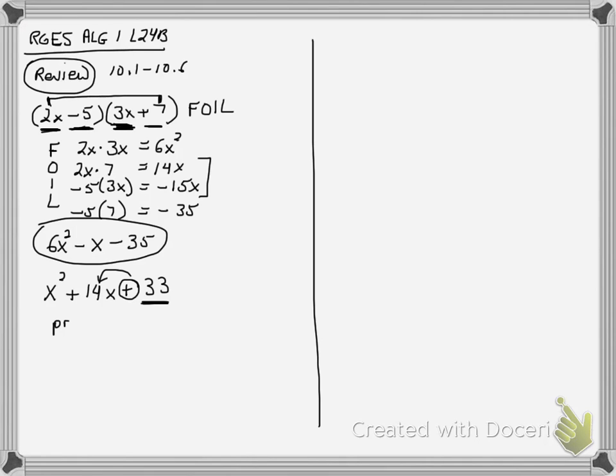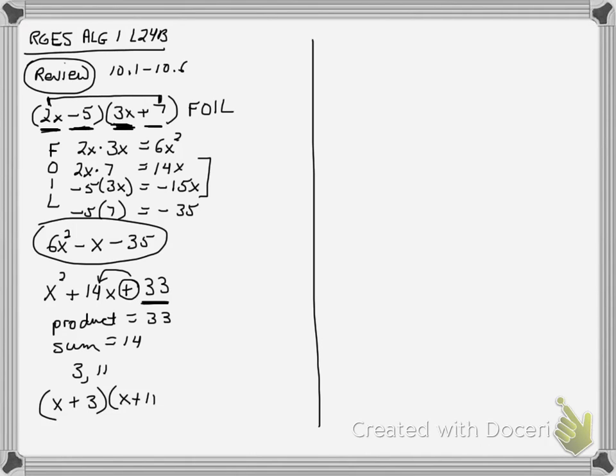Okay, their product is 33 and their sum is 14, positive 14. And those two numbers would be 3 and 11. So I would get x plus 3 times x plus 11.